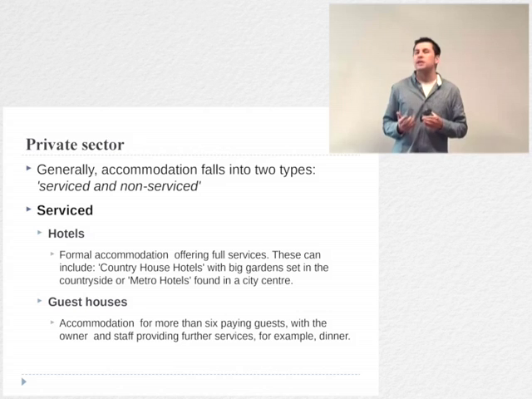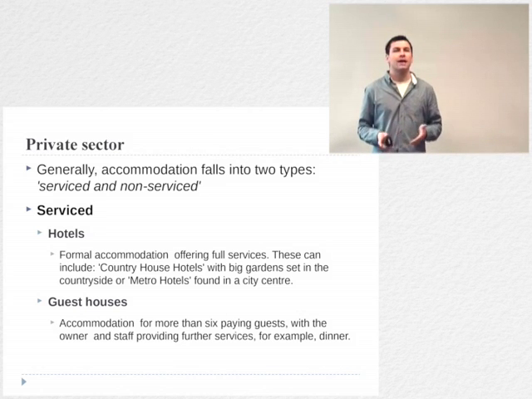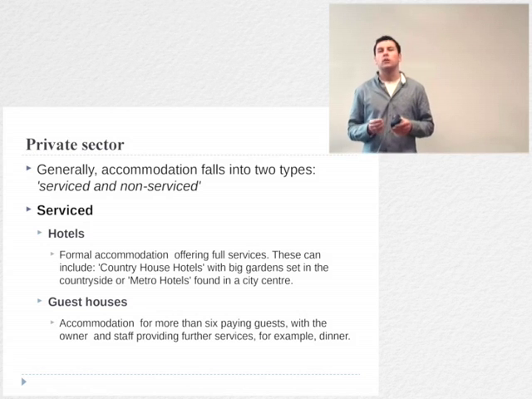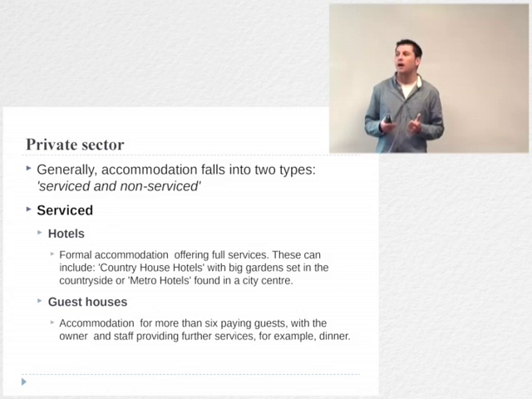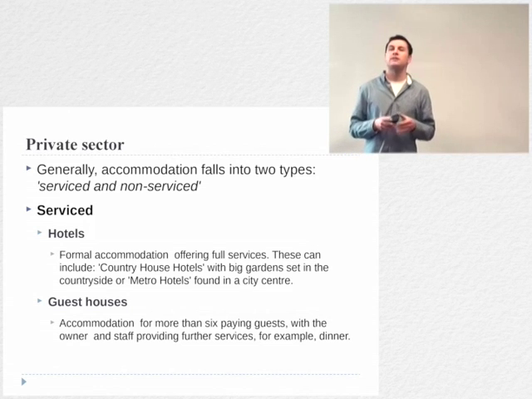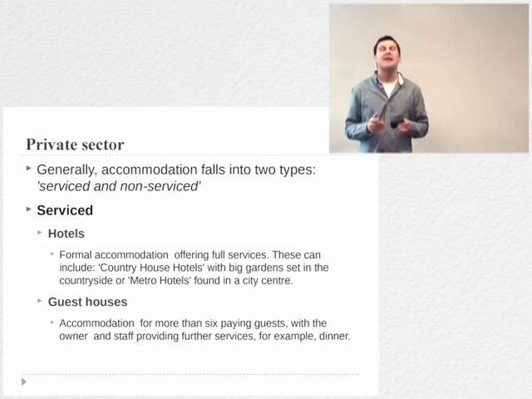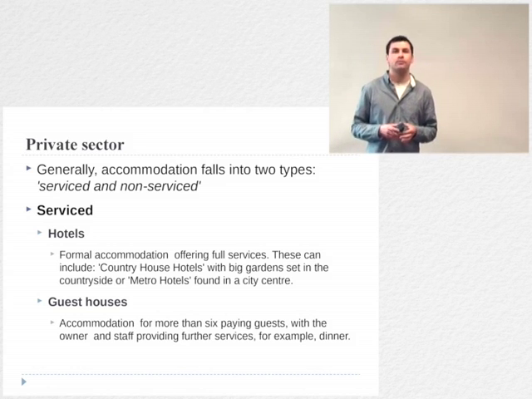Generally, accommodation falls into two types: serviced and non-serviced. Serviced would include hotels, so formal accommodation offering full services. These can include country house hotels with big gardens set in the countryside, or metro hotels found in a city centre.